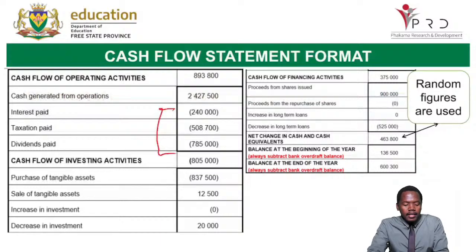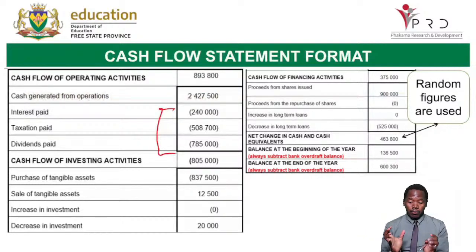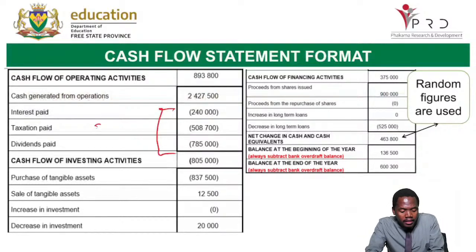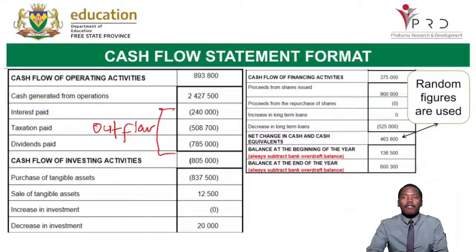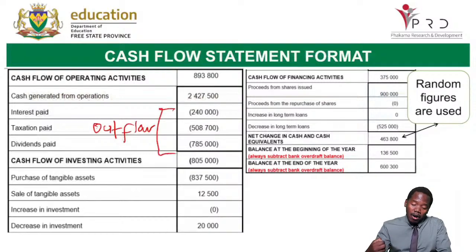We notice that the interest paid, tax paid, dividends paid are all in brackets. What does it mean? It means that all of these are always outflow. And then we have the cash generated, which can be an inflow or can be an outflow, depending on the result from our cash generated total.